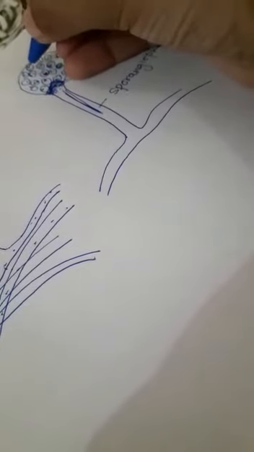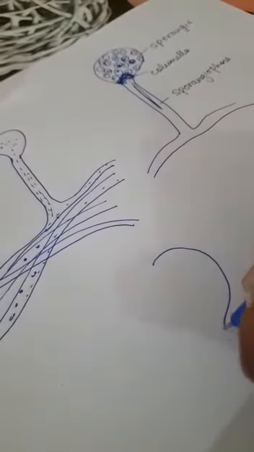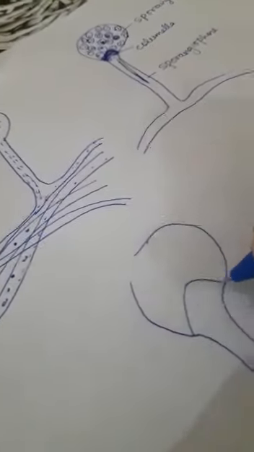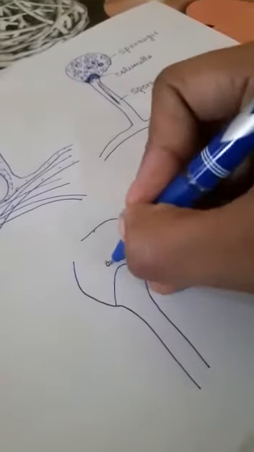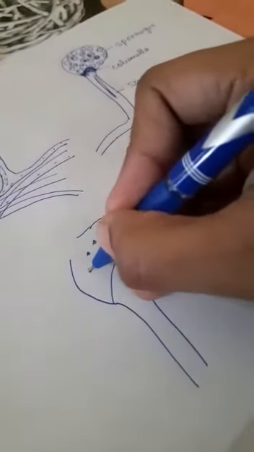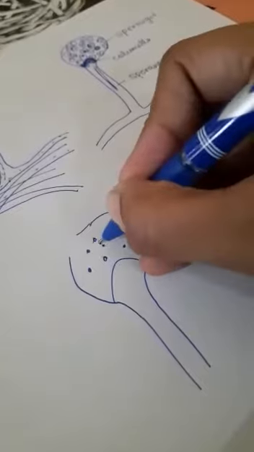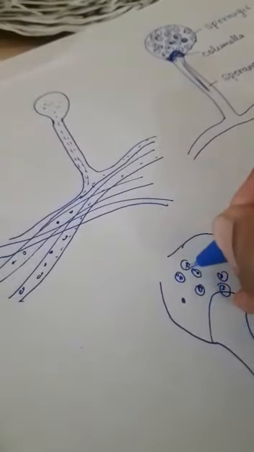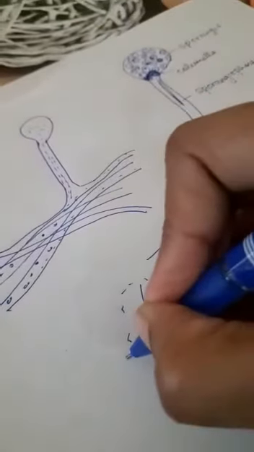Now there is no space. So ultimately what happens is, the wall of the sporangia finally gives way. It breaks. Because of the pressure of the columella, the wall of the sporangia will break, and all the spores would be exploded and given out.